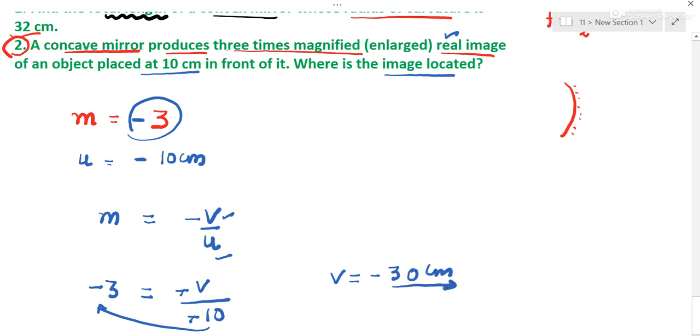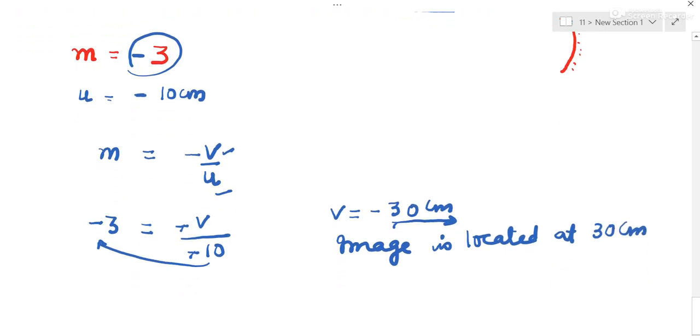The image is located at 30 centimeter, and because the negative sign is there, that means in front of the mirror. Keep in mind that the front of the mirror side is negative. So we'll get to the next.